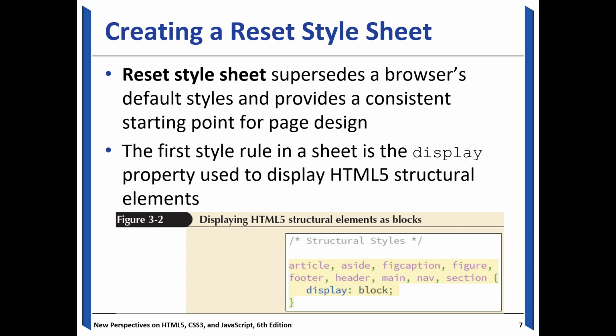We want to create a reset style sheet for the Pandasia chocolate website. The first style rule is the display property to show all of the HTML file elements in the web page as blocks. By including the display property in a reset style sheet, we ensure that these structural elements will be rendered correctly.